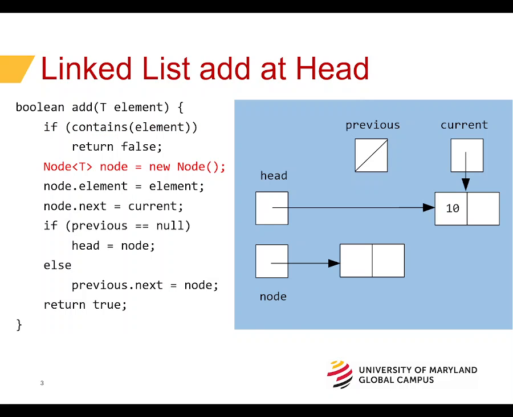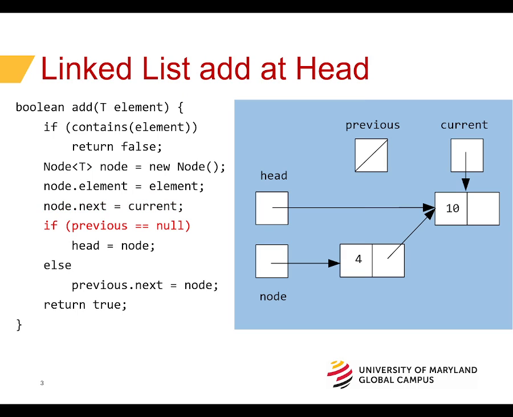The first step is to dynamically allocate a new node and save its reference in the local variable node. We then place the value passed in, in our case 4, in the data half of the node that was just allocated. And the next half of the new node is modified so it points to the first node, which is what current points to.